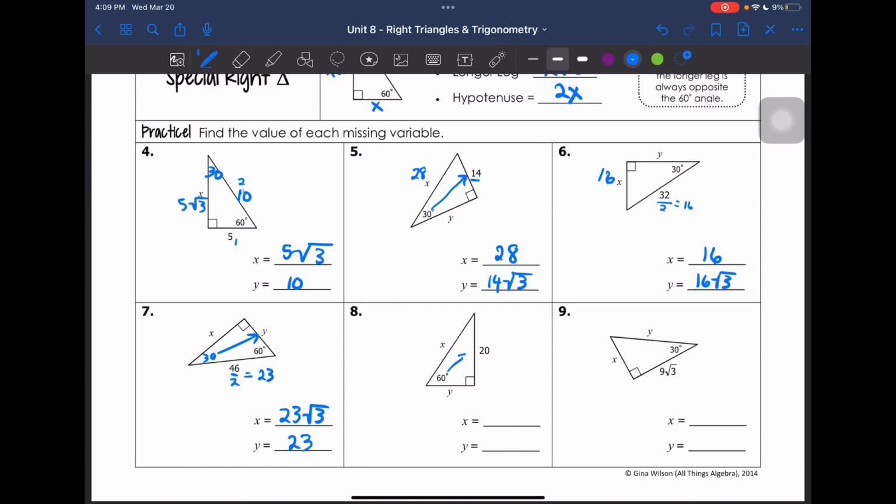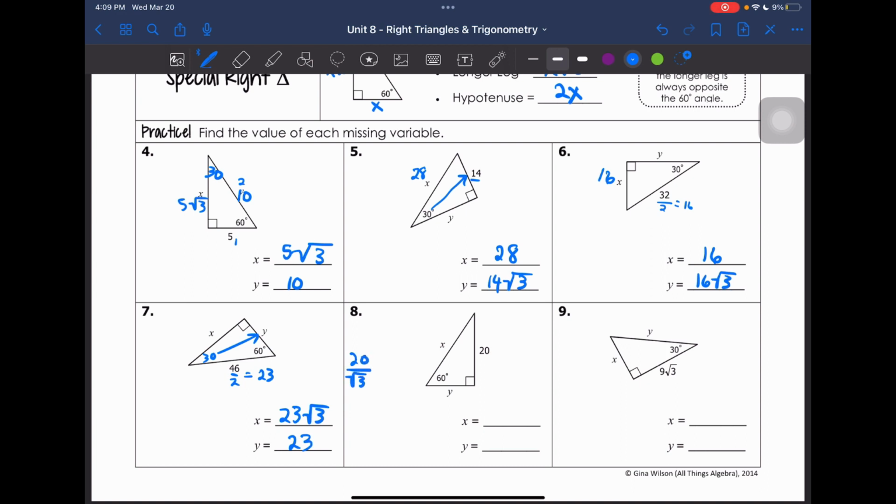All right, number 8 is going to be a little bit different because this time they're giving us the longer leg. It's across from the 60-degree angle. So how can I work backwards to find the shorter leg, which is also going to help me find the hypotenuse? Well, if I know that the longer leg is just whatever the shorter leg is multiplied times root 3, I just have to do the opposite. I just need to divide 20 by root 3.